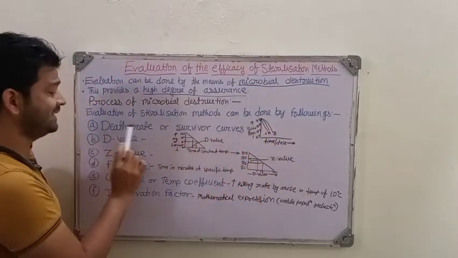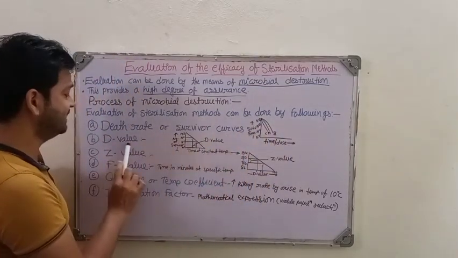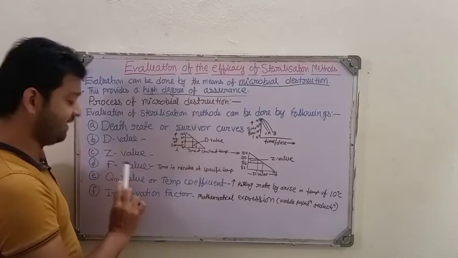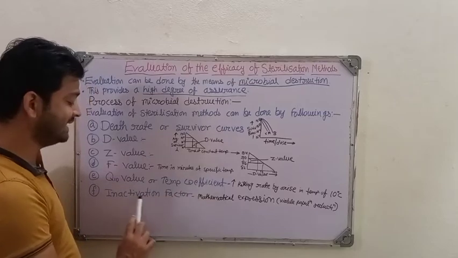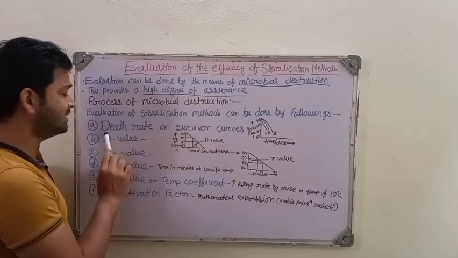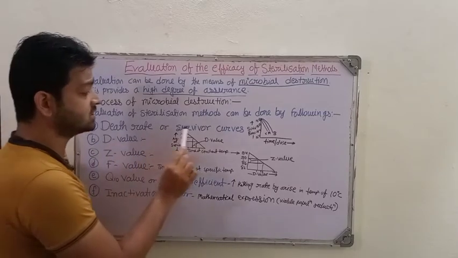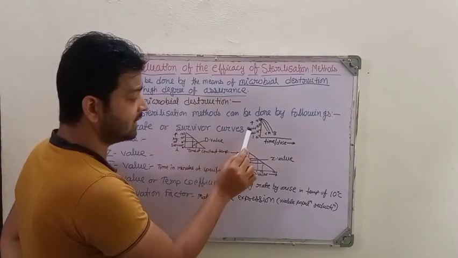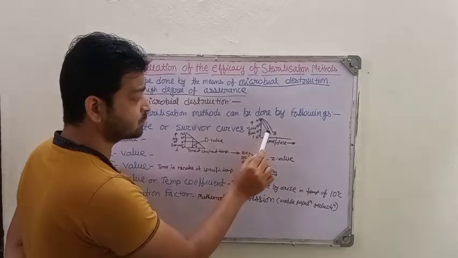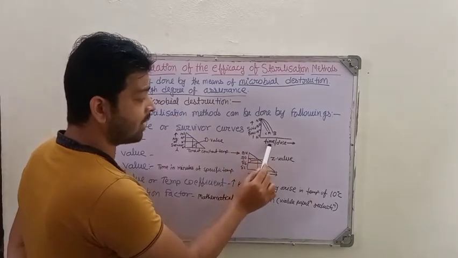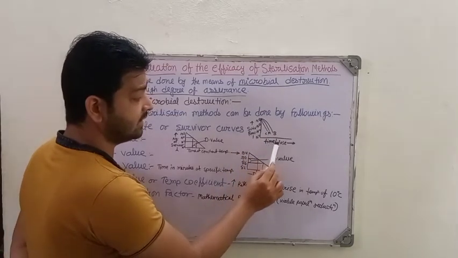The first one is death rate or survival curves, then D value, Z value, F value, Q10 value or temperature coefficient, and inactivation factor, right? First is the death rate or survival curve. Here we represent the number of microorganisms in their exponential phase, right? So how much time we are giving and what dose.